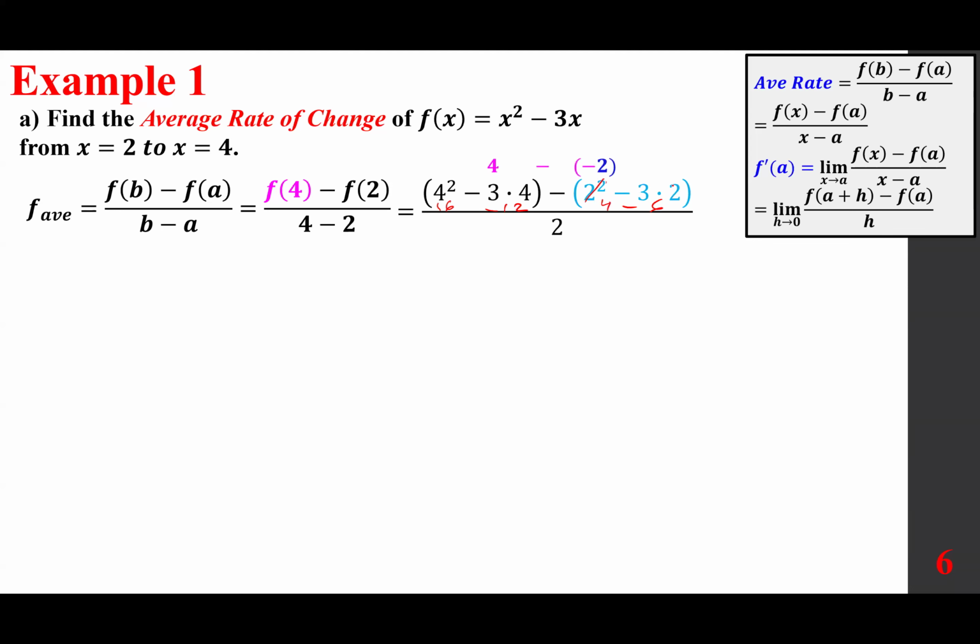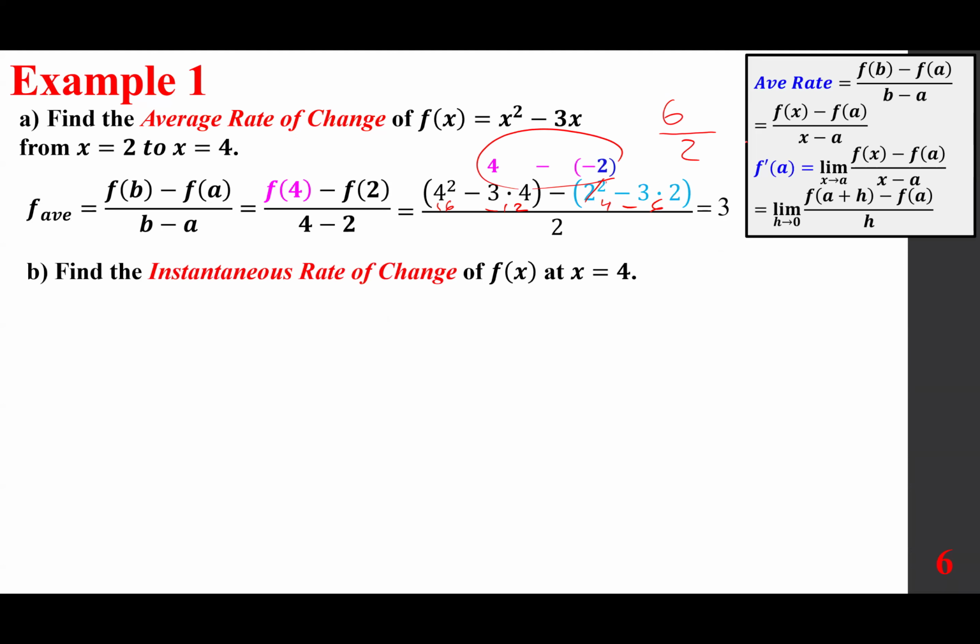Now 4 minus negative 2 becomes 6 over 2 equals 3. So we have 2 points given, and therefore it's the average rate.